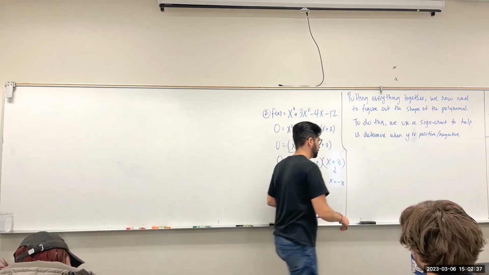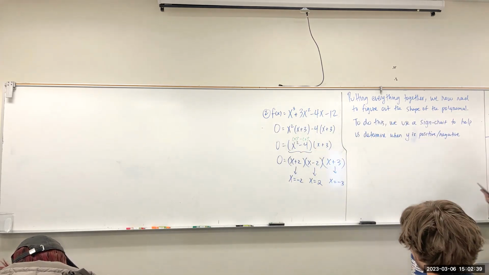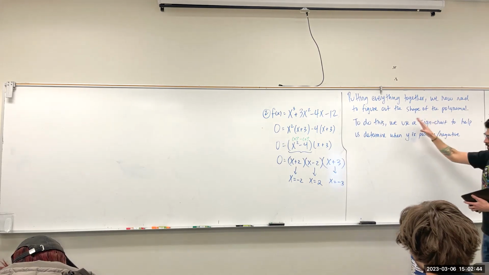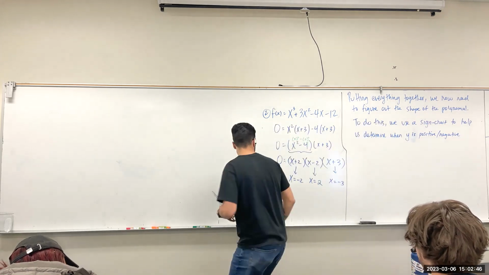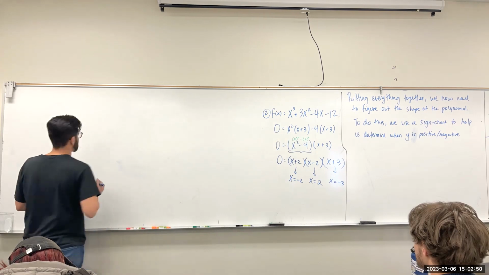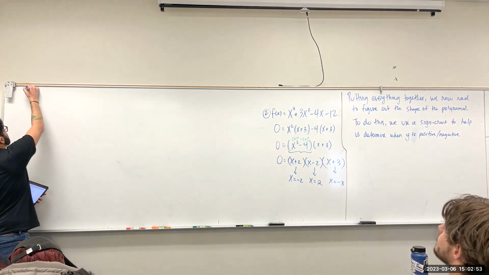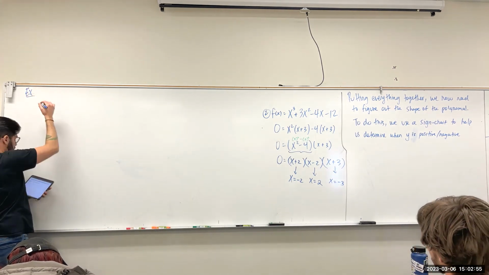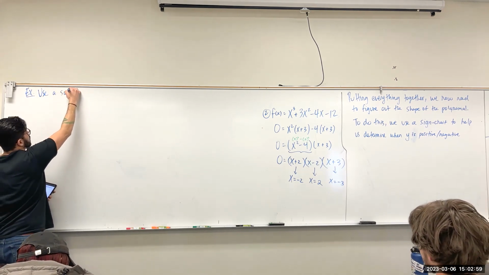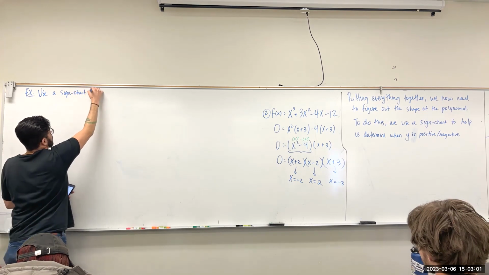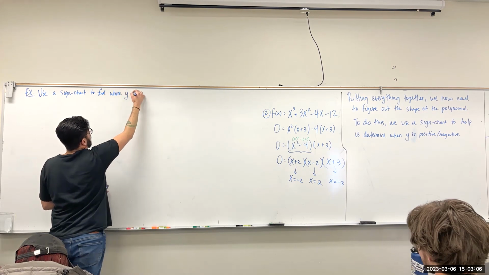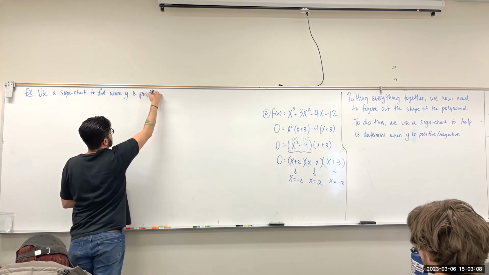Okay. We're gonna use the end behavior stuff, all the intercept stuff. And then let me show you how we're gonna do this sign chart. So let's use a sign chart to find where y is positive or negative.